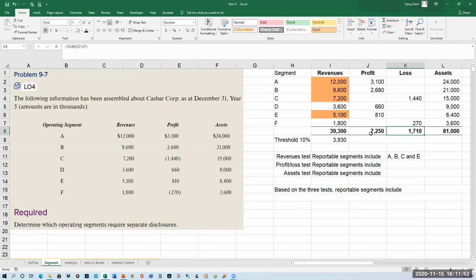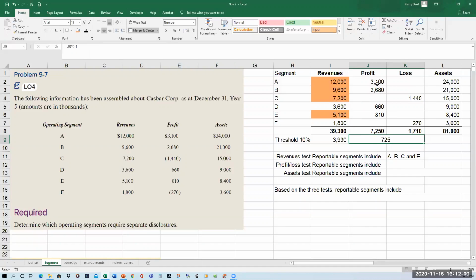When you look at the absolute values, the total of the profits is the bigger number. So 10% of the larger of the absolute value of profits and losses. So 10% of 7,250, we get a threshold of 725.